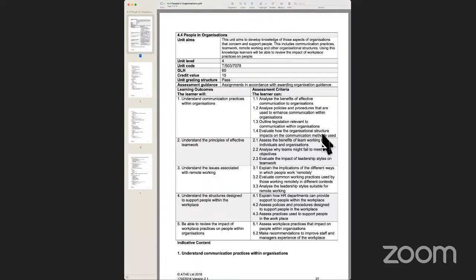So let's look at a bit of discussion on this with regards to learning outcome 1.